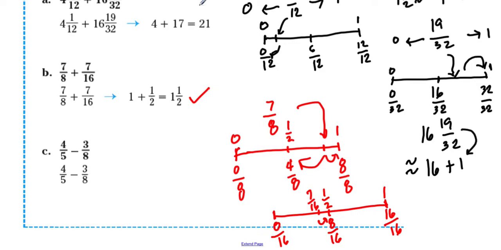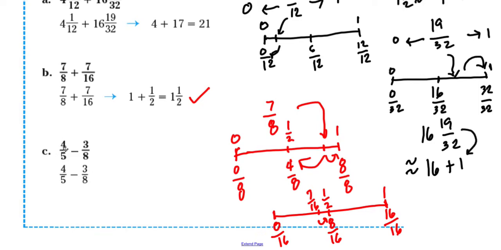Our last example: 4/5 minus 3/8. We draw the same line. The easier way to look at this is to look at your denominator and see what half of it is. Half of the denominator 5 is 2.5, and you have the number 4.